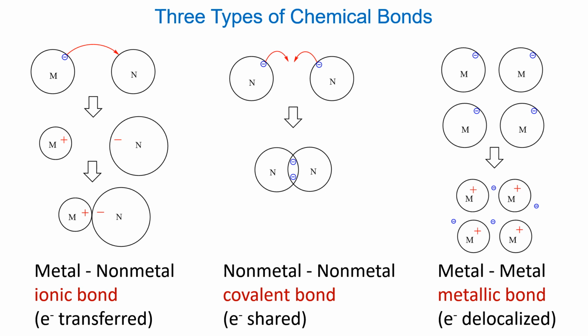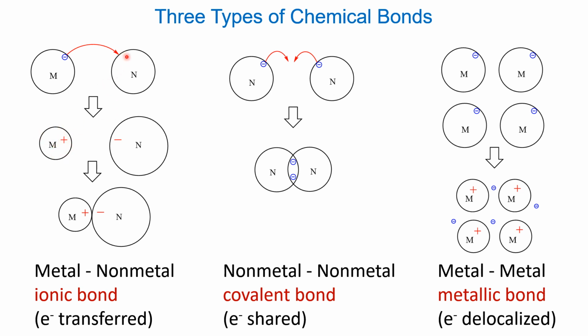And before we talk about the naming, we can talk about the type of chemical bond. When you have a metal and a non-metal, metals like to lose electrons and non-metals like to gain electrons. So electrons will transfer from metal to non-metal. Then the metal will become a cationic ion, and that's called a cation.